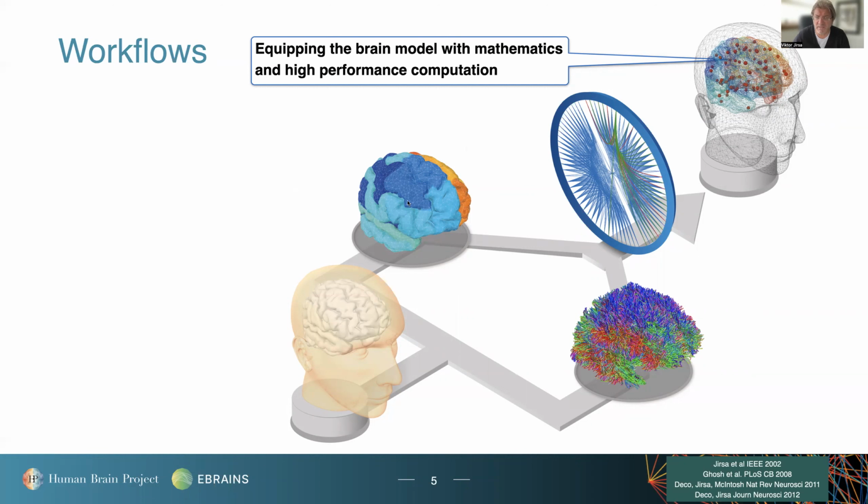You parcellate it, which provides us the nodes in a network, but using diffusion-weighted tensor imaging, so diffusion MRI, we can actually extract the individual tracts, the so-called connectome of an individual's brain, and we can co-register this and organize the tracts of the connectome such that they refer to the actual nodes in this particular network.